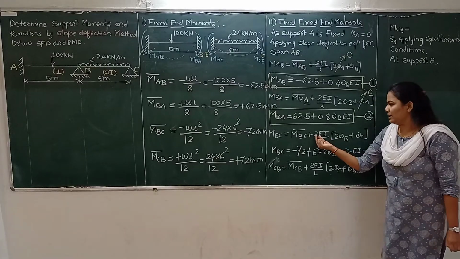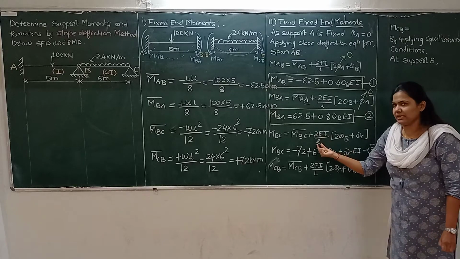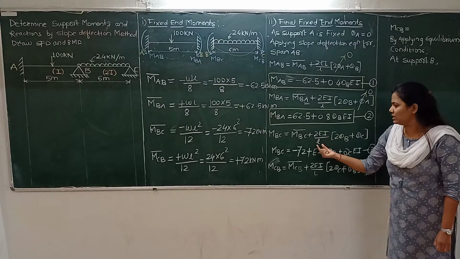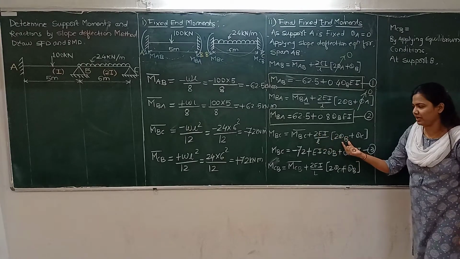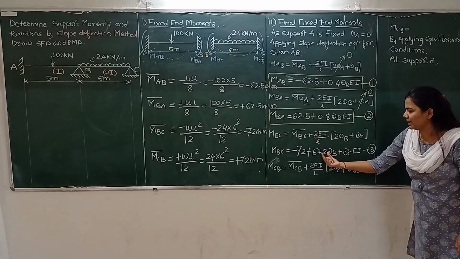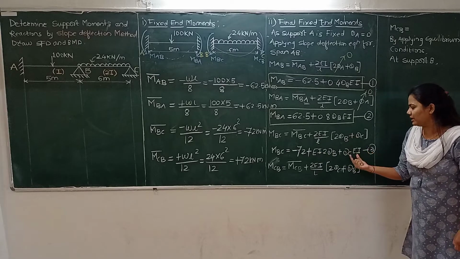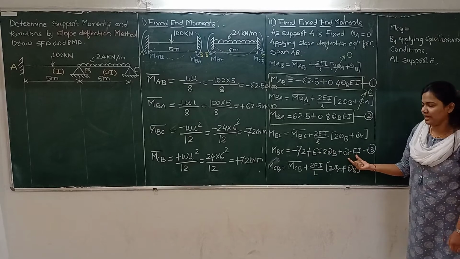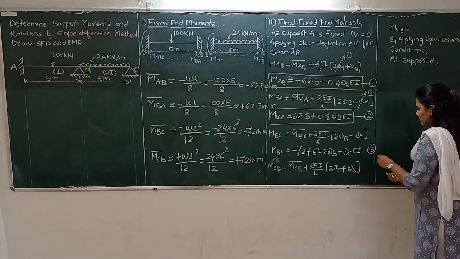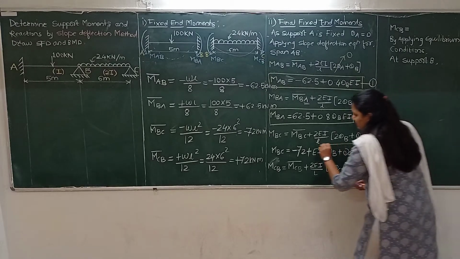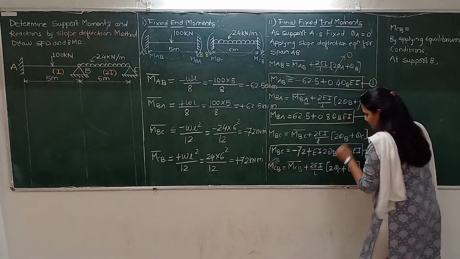So here 2 into 3I divided by 6, so 6 goes, then only the value EI remains. By multiplying the bracket we have only 2 EI theta B, and the remaining term is again theta C EI. So this is equation number 3. So this is MBC.